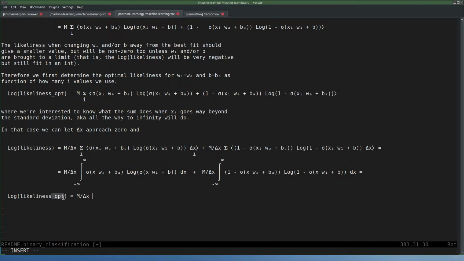But because now we have opt, we can replace w1 with wa and b with ba. And since those are constants, and we run from minus infinity to infinity, I think I have to do a replacement, right?